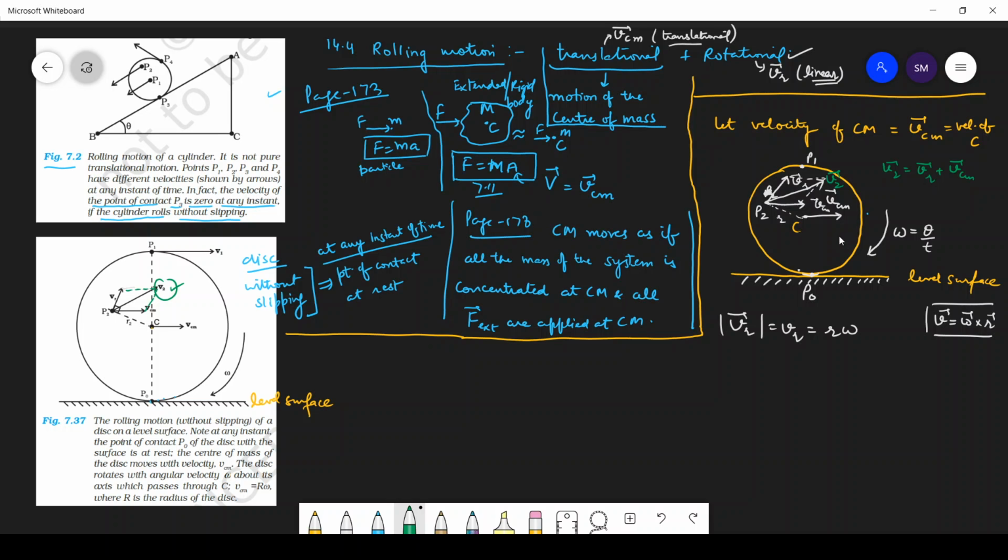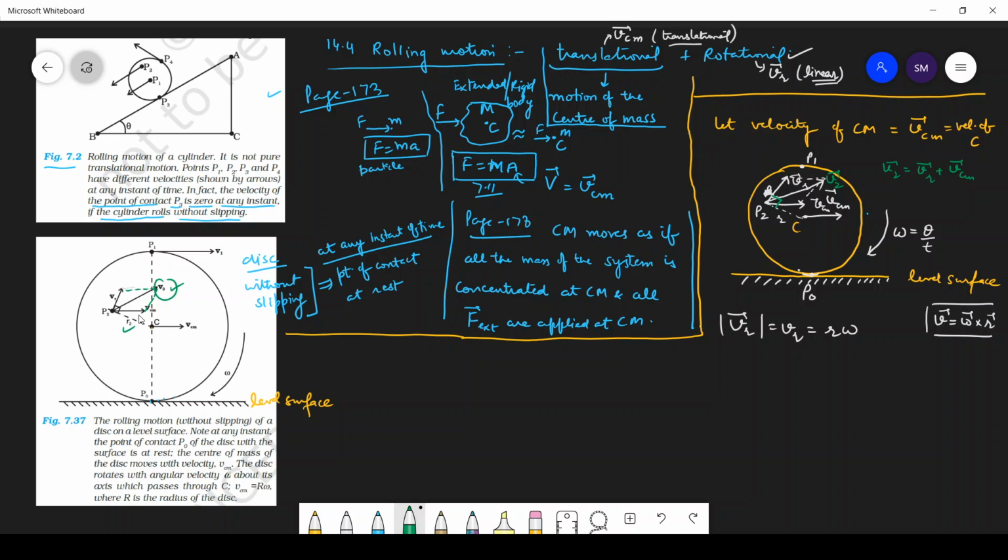You can see that the velocity VR is directed perpendicular to the radial vector. So this VR is perpendicular to this radial vector, and this angle is 90 degrees.